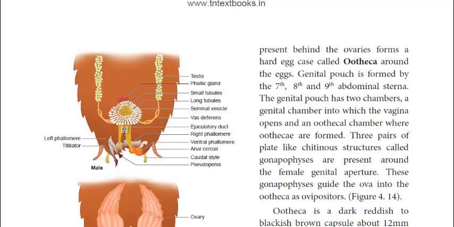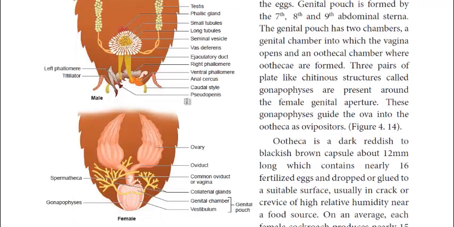They have an ejaculatory duct through which the sperms are released. We already know this is the anal cerci and this is the caudal style, and this is the left phallomere and ventral phallomere. This is the male reproductive system found in cockroach.